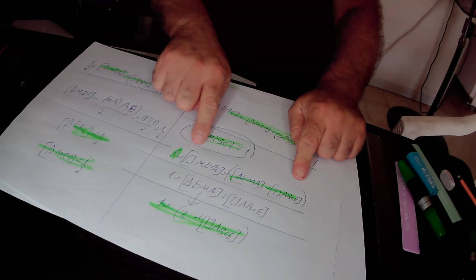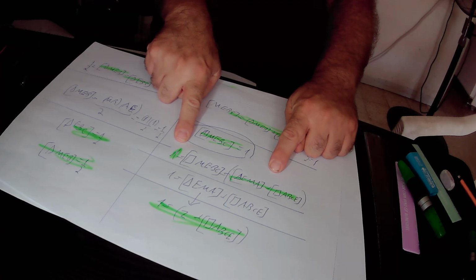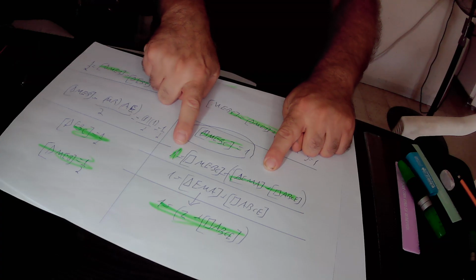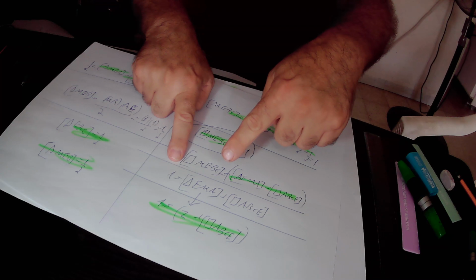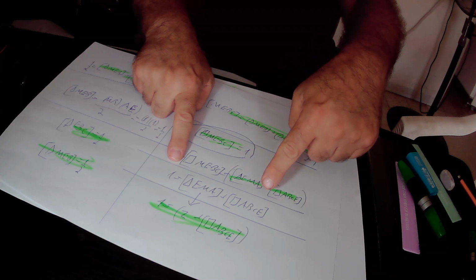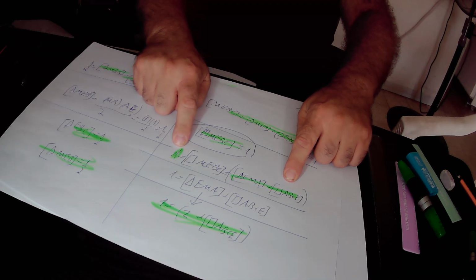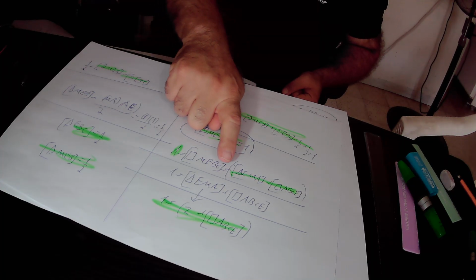From this equation, we learn that 1 equals the area of the green triangle EMA plus the area of quadrilateral ABCE.